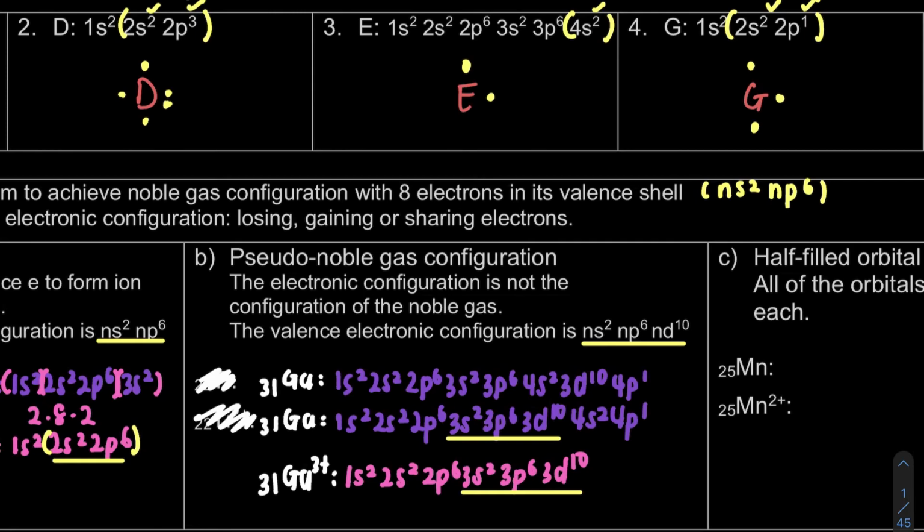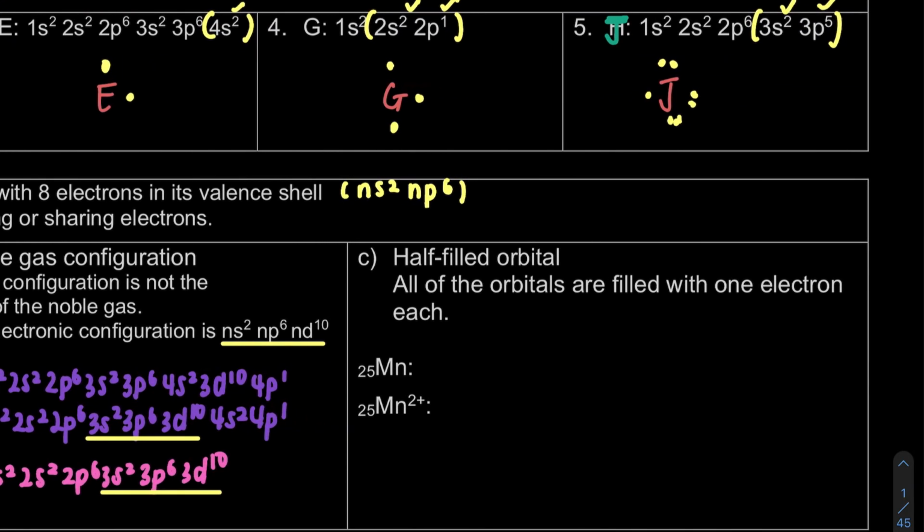Next is the last one we're going to see for this video, which is the half-filled orbital. Okay, so all of the orbitals are filled with 1 electron each. Yang ini nanti kita kalau nampak in terms of orbital lah. Tapi yang ini senang. Again, we're going to write down the electronic configuration dulu. So, sama juga for a neutral one, maknanya elektron dia sama lah kan.